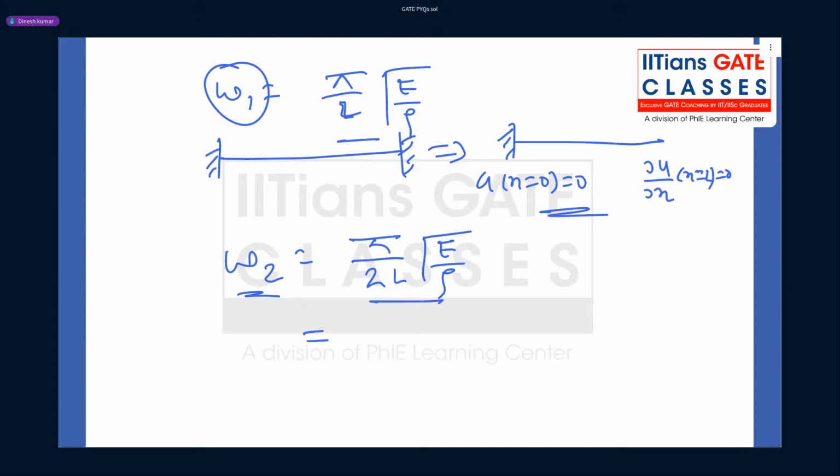So from here you can see it is nothing but omega 1 by 2. So this is nothing but k times omega 1, which is your original frequency. So what is the k value, guys, now? In this case, the k value is 1 by 2, which is 0.5. So what is the answer?